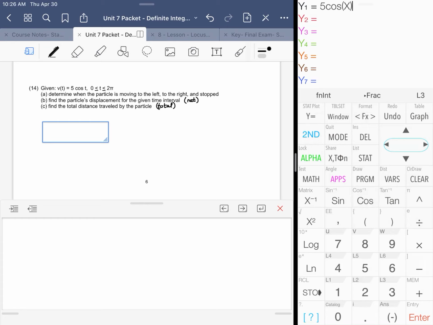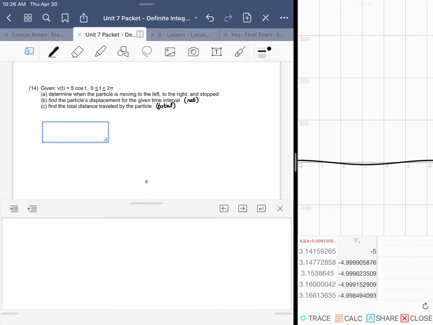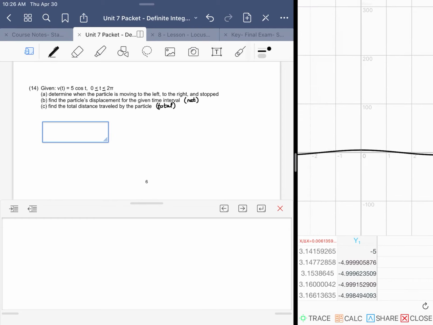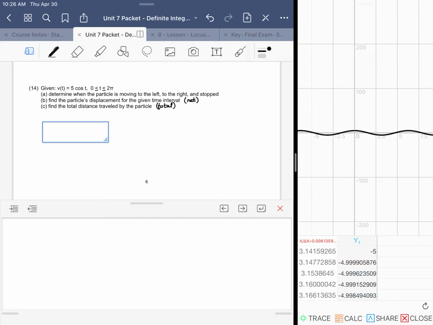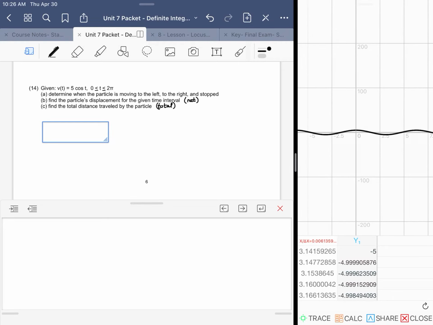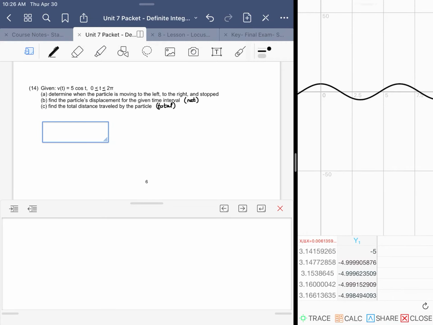So let's actually take a quick look at the cosine graph on the interval of 0 to 2 pi. It's your ordinary cosine graph, just with a little bit more height.